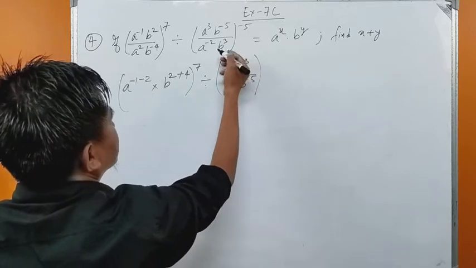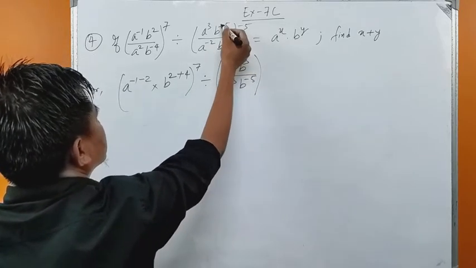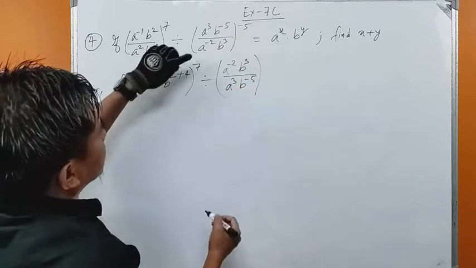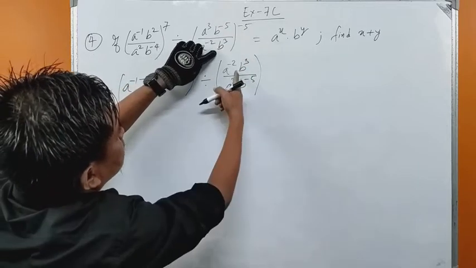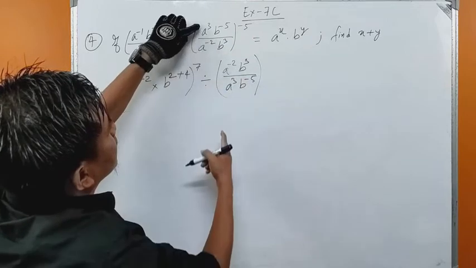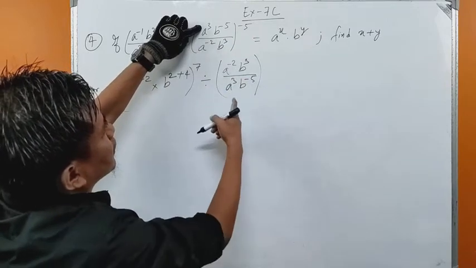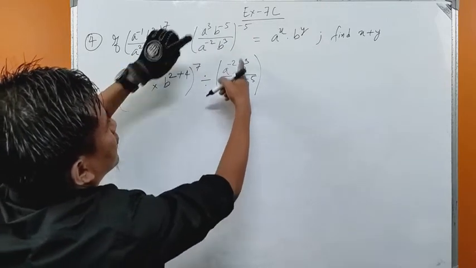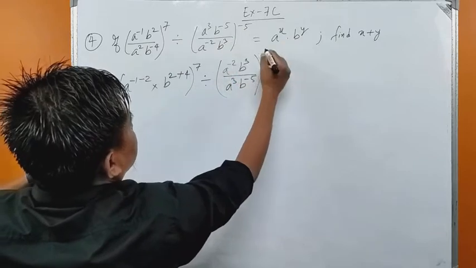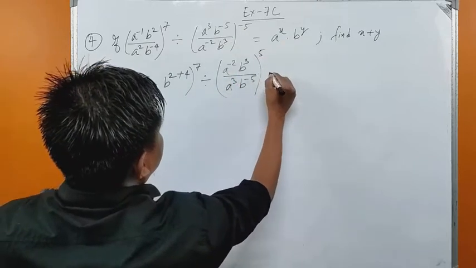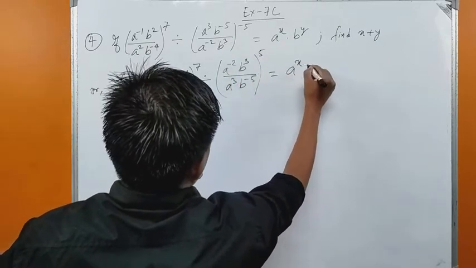Now when we take this number from denominator to numerator and numerator to denominator, a to the power minus 2 b cube, we took this number to the numerator, a cube into b to the power minus 5, we took this number to the denominator. The sign of this power minus 5 changes to plus 5, equals to a to the power x into b to the power y.